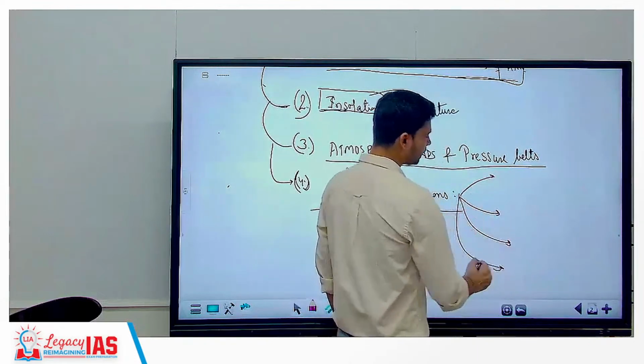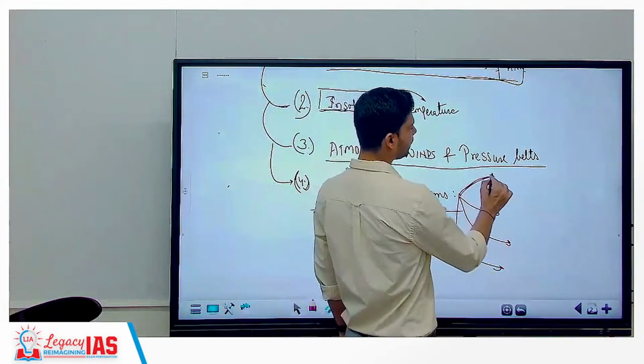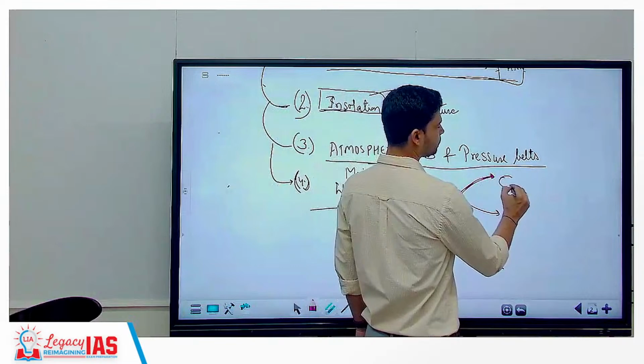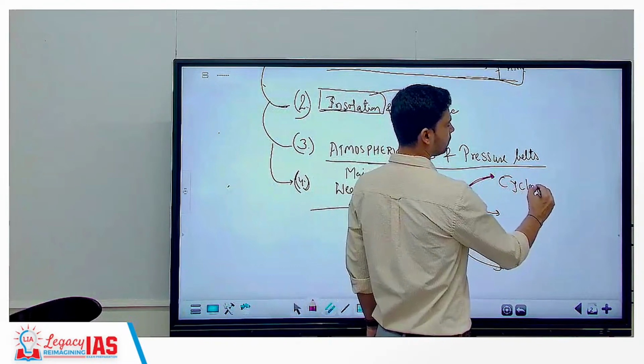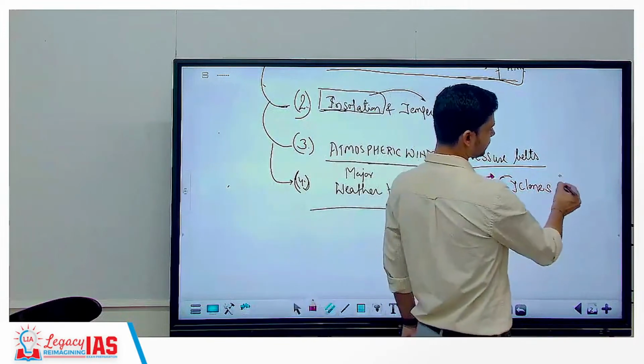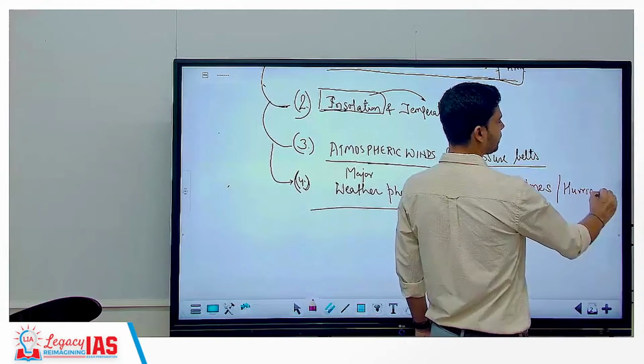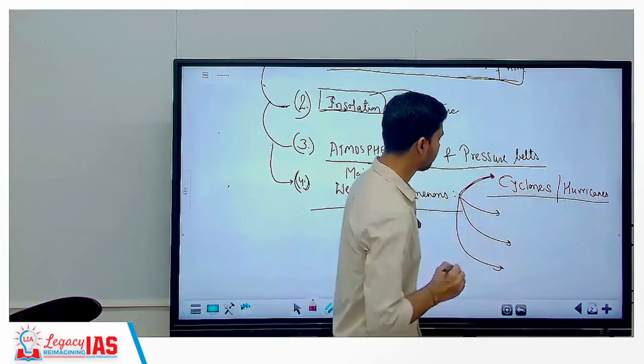Here we have to study a few important weather phenomena that we observe every now and then. First is cyclones, or hurricanes as they are called in some regions, the science and mechanism behind these.